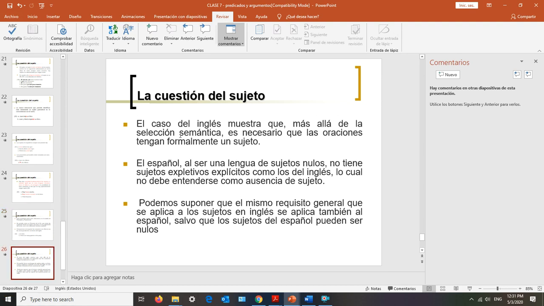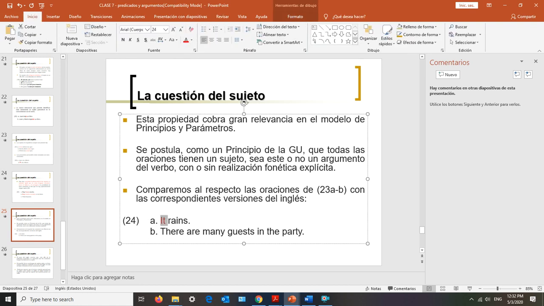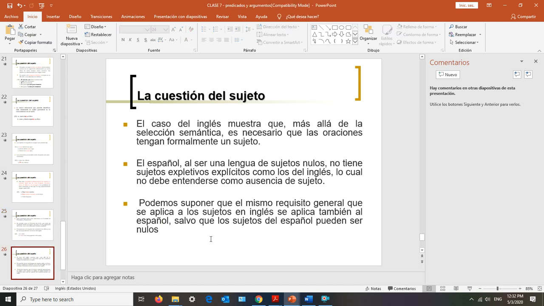So the English case shows that beyond the semantic selection of what the predicate selects for semantically, it is necessary that all sentences have an explicit subject, be it an argument, which is not exemplified here, or not, which is exemplified here. This is not an argument of rain, nor is there an argument, but an expletive pronoun.